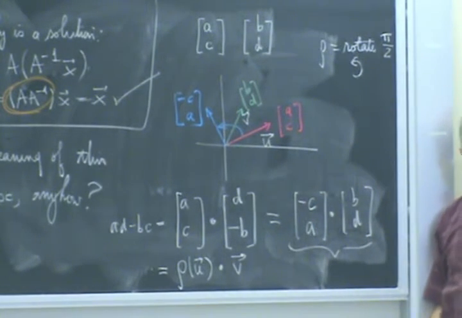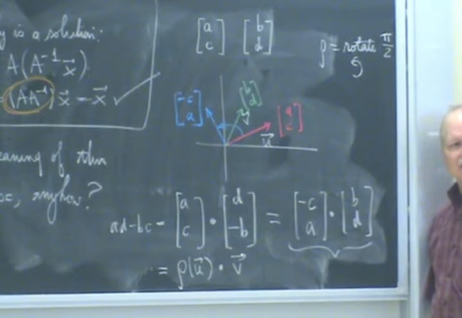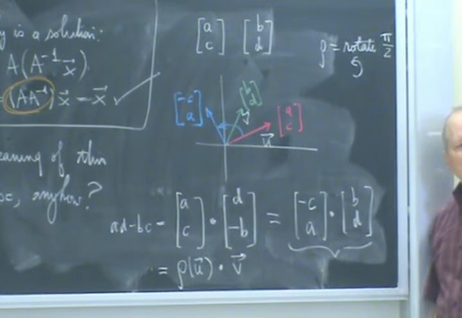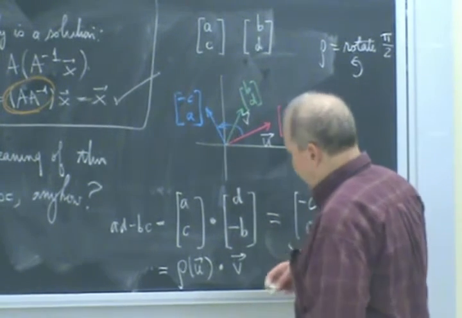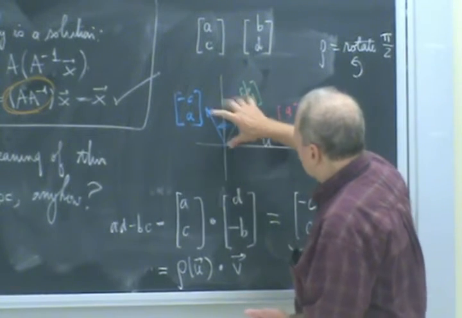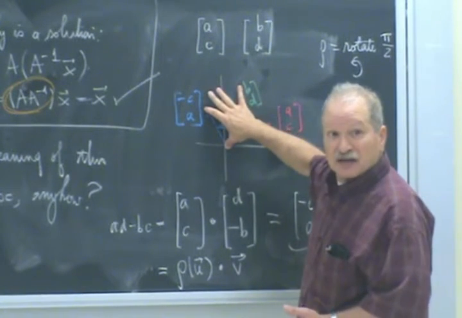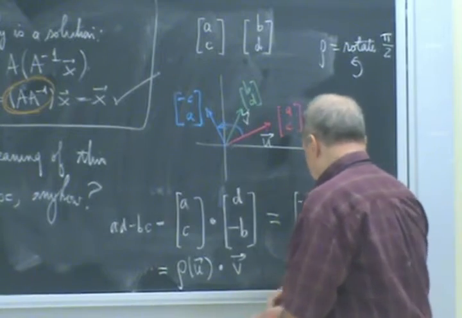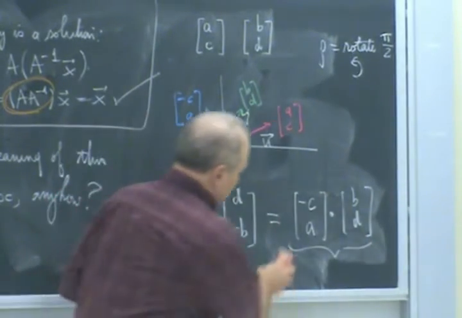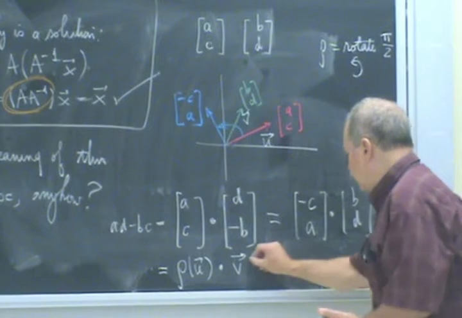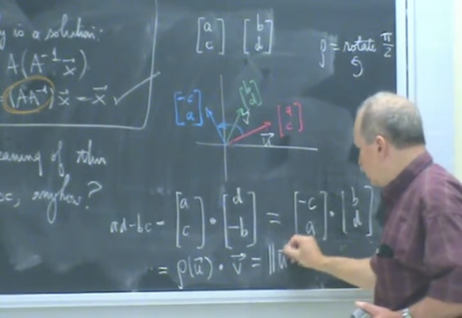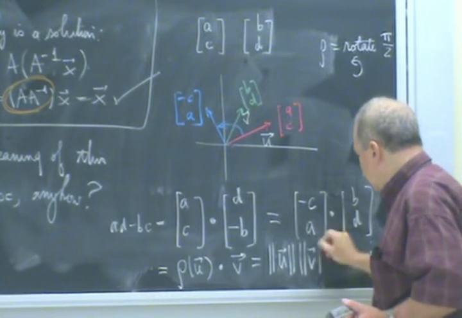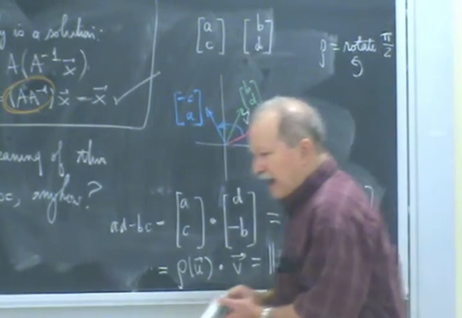What's the meaning of dot product? It's the length of each vector times the cosine between. This is going to be the length of rho of u, which is the same as the length of u, times the length of v, times the cosine of what angle in this picture?